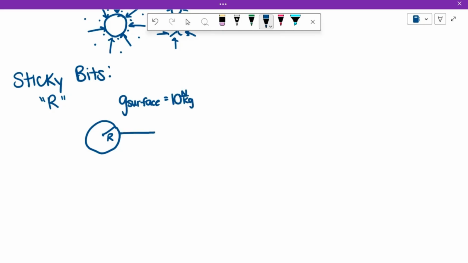What is the value of g at X? Find g at X, which is 2R from the surface.